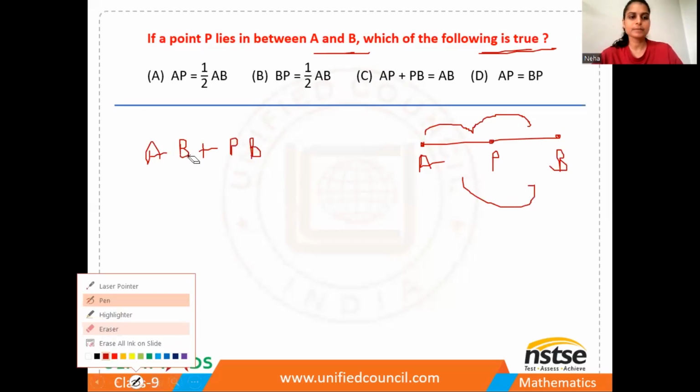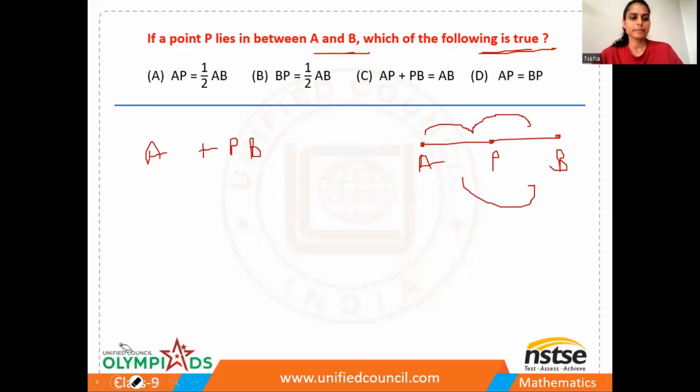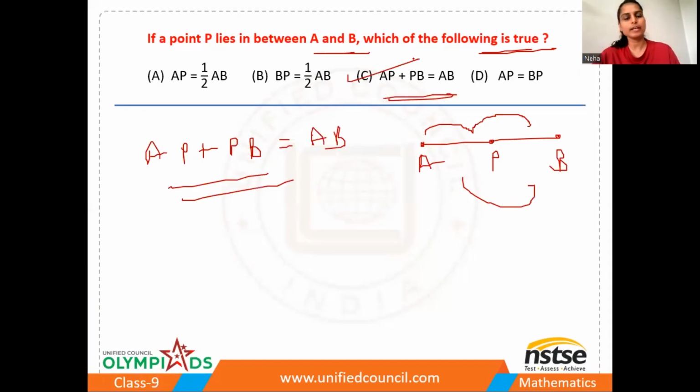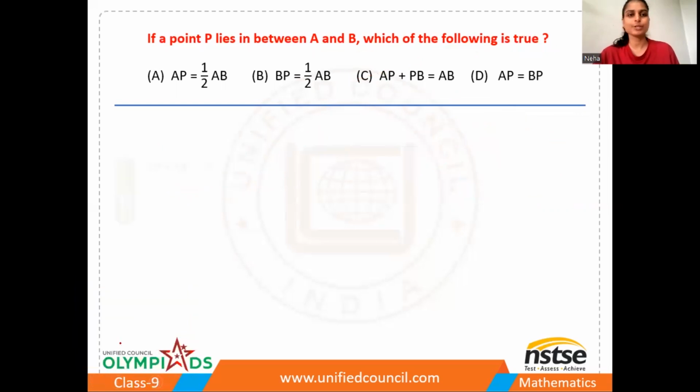Let me correct it. Perfect. This is AP plus PB is equal to AB. So AP plus PB is equal to AB. So yes, option C is the right answer. Perfect. So this is the answer of your given question.